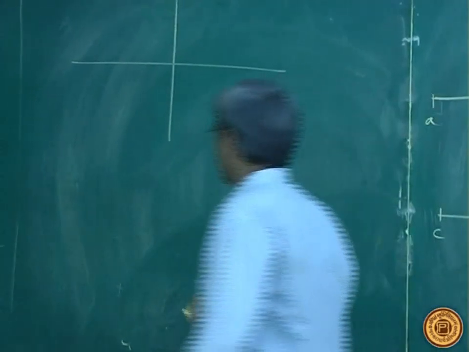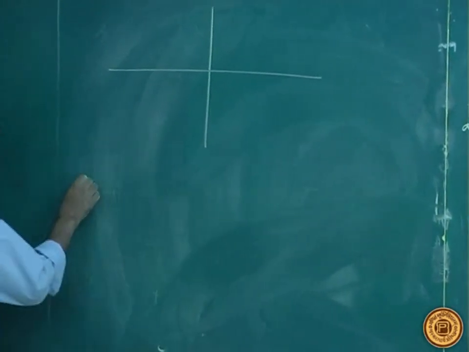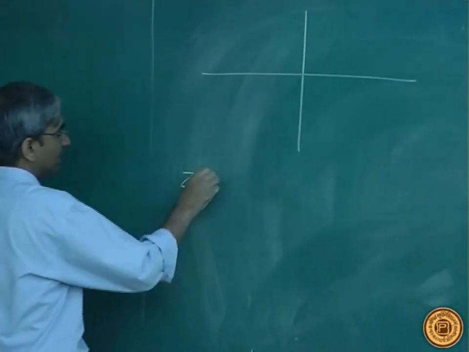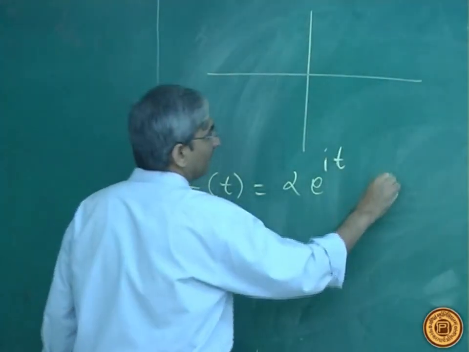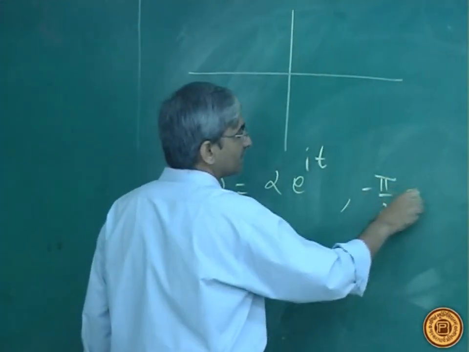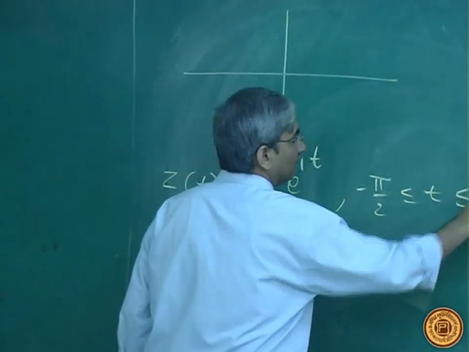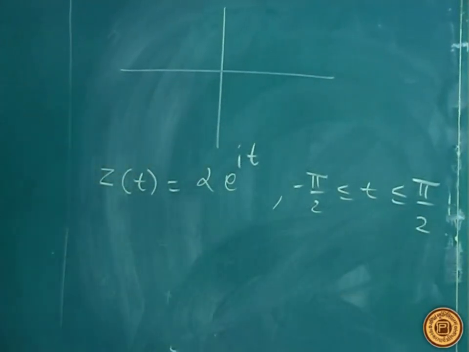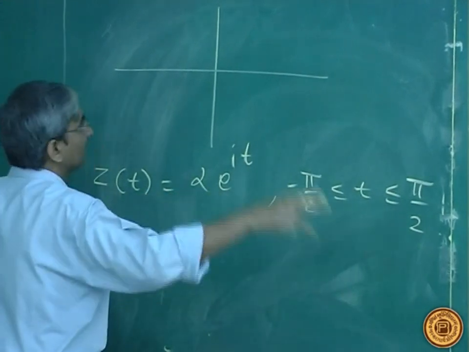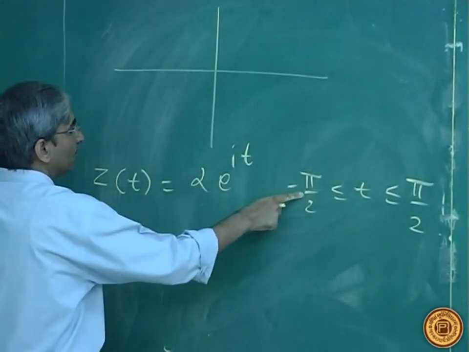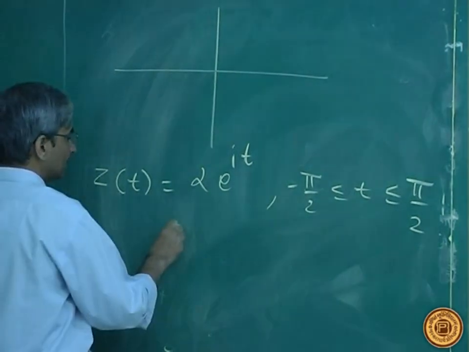So let us consider this function z t equal to 2 e raised to i t, with minus pi by 2 less than or equal to t less than or equal to pi by 2. Let us see what curve it gives. This is the parameterization of a circle, but let us see this.